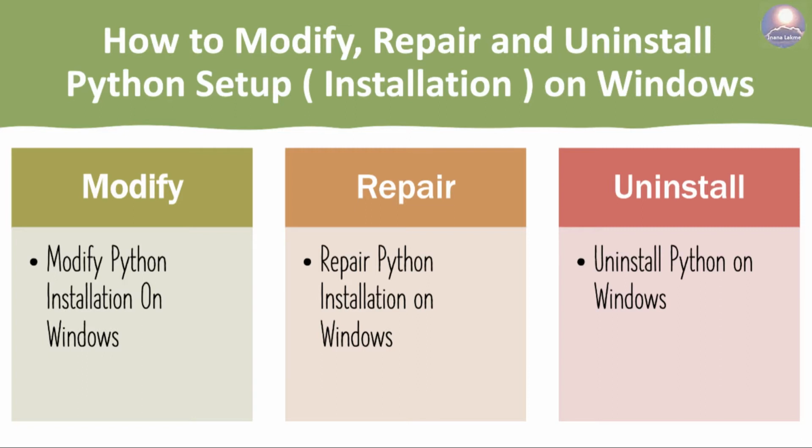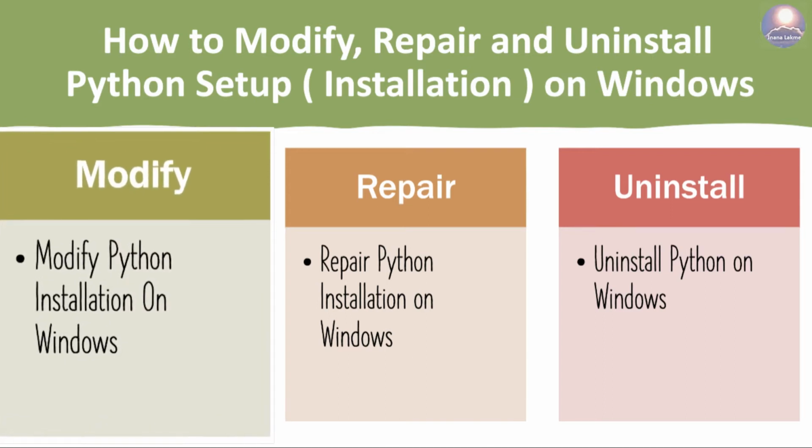In this session, I am going to show you how to modify, repair, and uninstall the Python installation on Windows. Once Python has been installed, then only you can modify, repair, and uninstall the Python installation using the installer in maintenance mode.